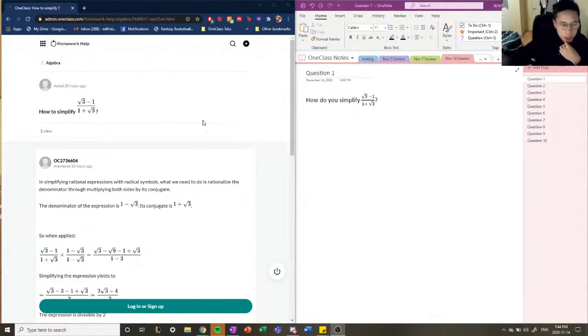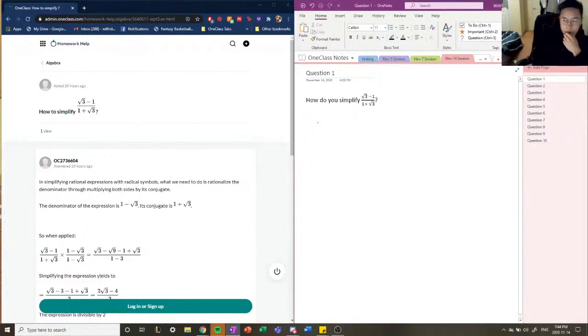Well, we're going to use a concept called a conjugate. A conjugate is basically where we flip the sign. Let's say we have x plus y as one of our terms. The conjugate of that would just be flipping the middle sign from positive to negative, or negative to positive.